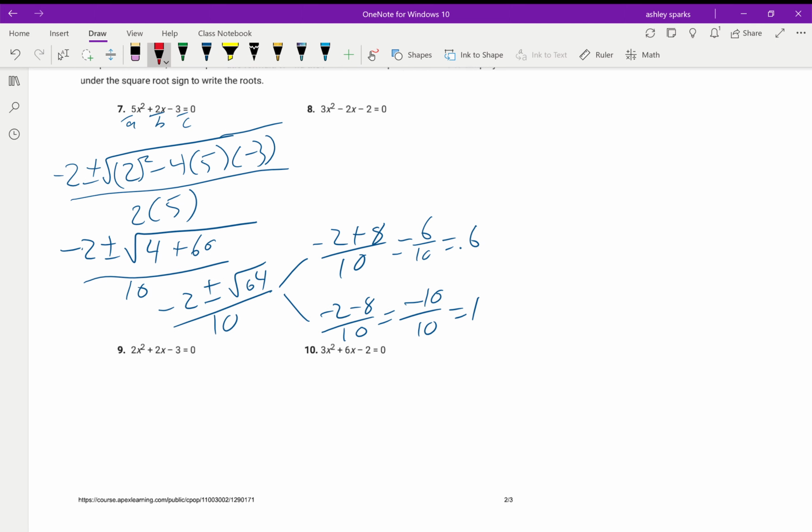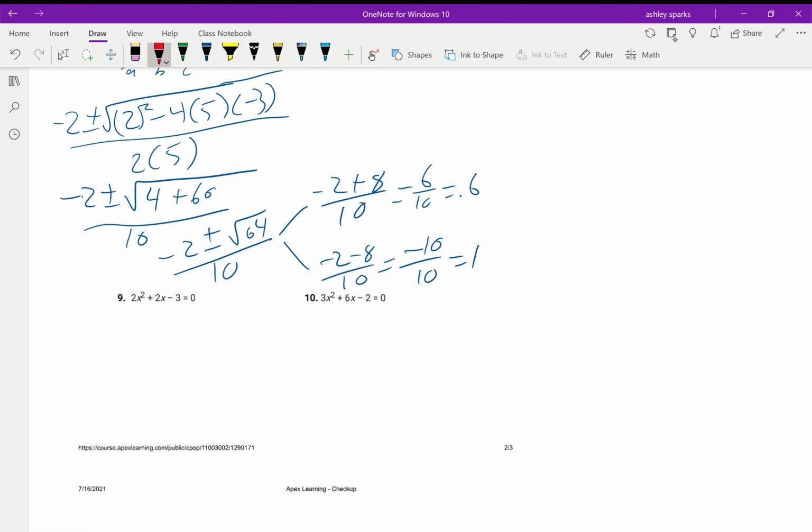The last one I'll do will be 10 here. A, B, and C. So negative 6 plus or minus the square root of 6 squared minus 4, A, negative 2. All of that over 2 times A, or 3 in our situation.